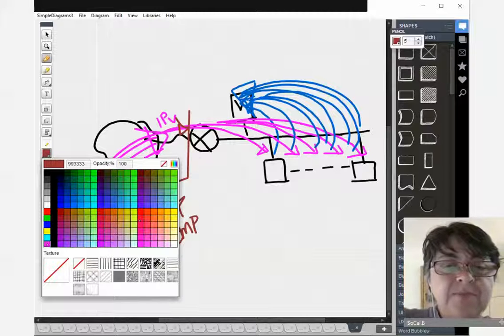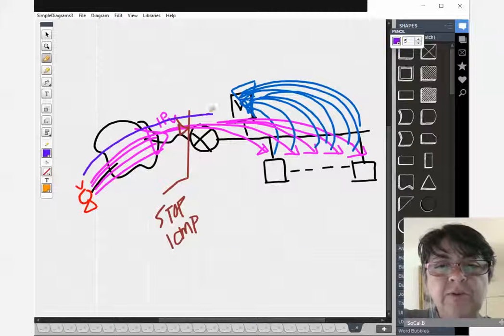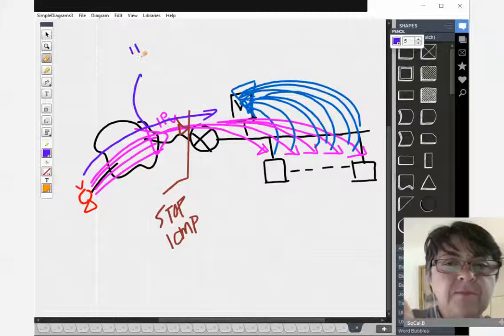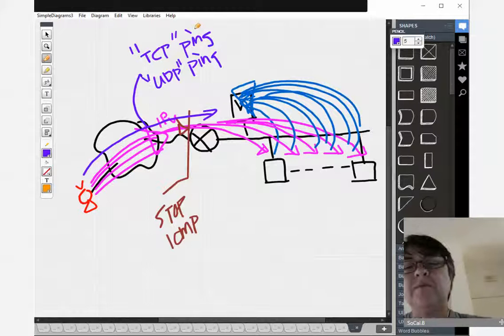So the hacker says, no problem, Terry. We're going to do something called a TCP ping, a UDP ping. They're not really pings, but they'll do something similar.